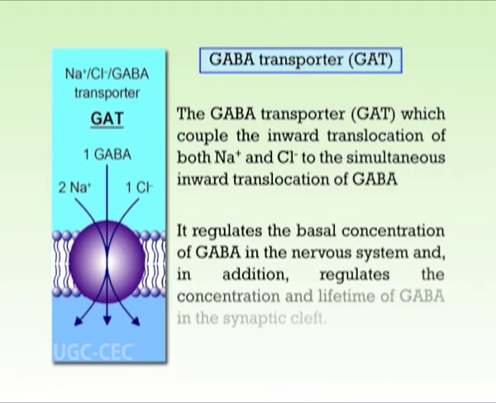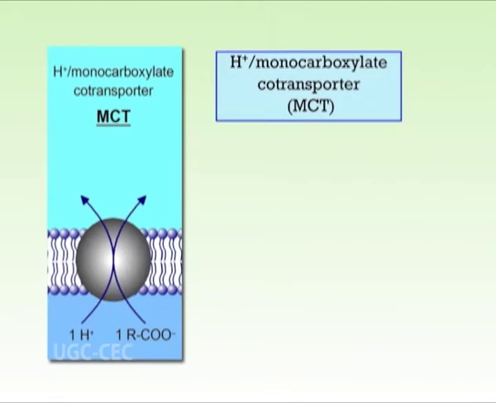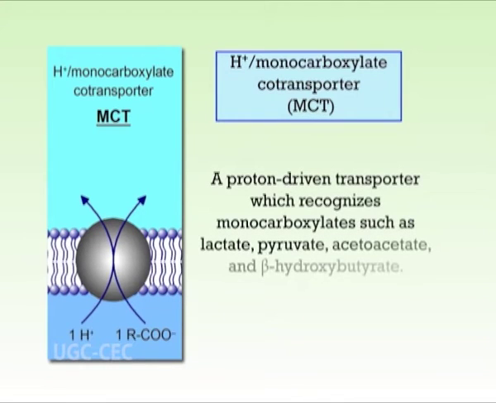It regulates the basal concentration of GABA in the nervous system and, in addition, regulates the concentration and lifetime of GABA in the synaptic cleft. The hydrogen ion monocarboxylate cotransporter, MCT, a proton-driven transporter which recognizes monocarboxylates such as lactate, pyruvate, acetoacetate and beta-hydroxybutyrate.